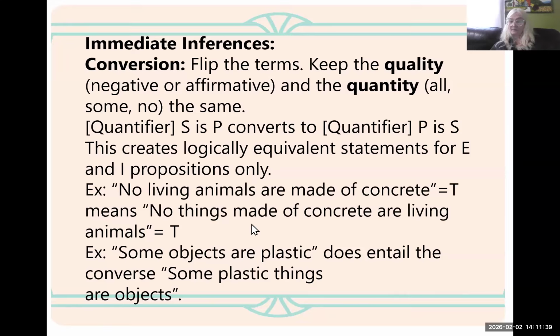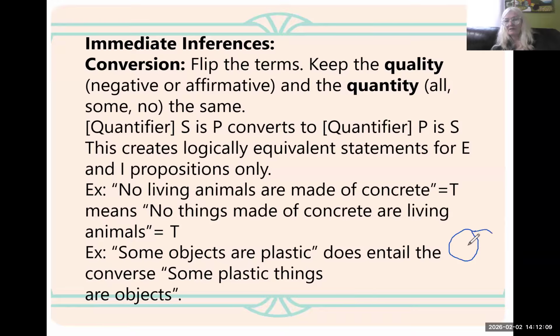If "some objects are plastic" is true, this does entail that some plastic things are objects. So this works for our E and for our I. If you remember from earlier on, and I'm just going to draw these up, one of the reasons this works is because we can see it more easily in our Venn diagram.